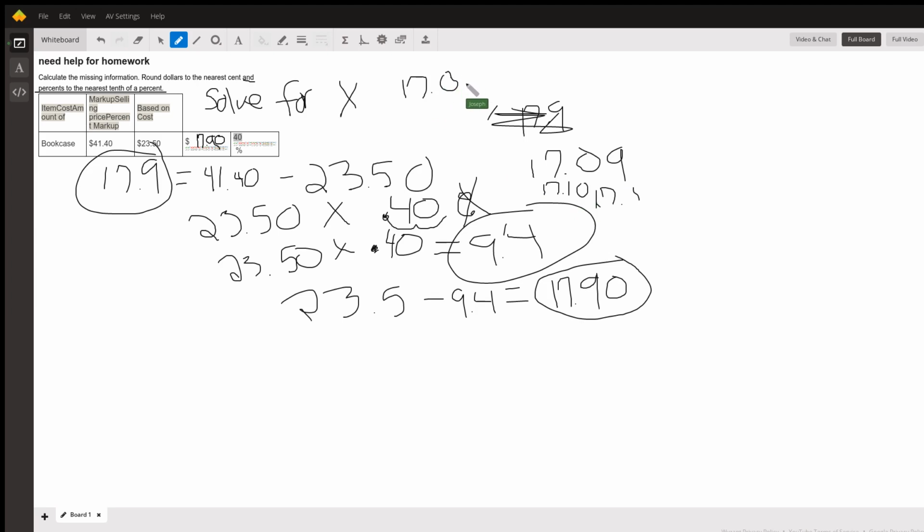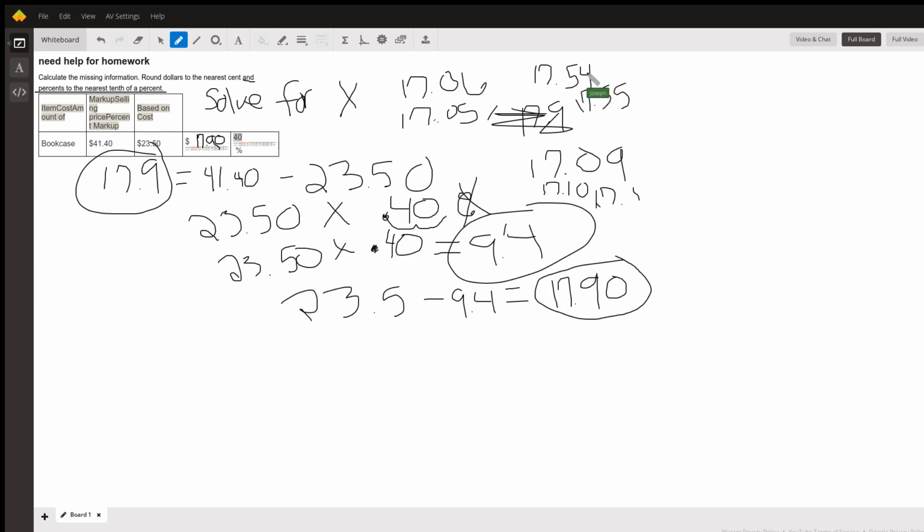Let's say it was 17.06, we would round that to a little better number, like 17.05. Or if this was 17.54, at this level of mathematics, we'll put 17.55 to round to the nearest cent. This is a better number.